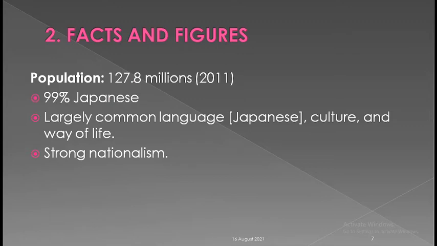In terms of population, the country has 127.8 million according to an estimate in 2011. 99% of the population are Japanese, and the remaining 1% belongs to different ethnic groups like Chinese, Korean, etc. Japan is largely a homogeneous society having a common language, Japanese, common culture, and similar way of life. And the people of Japan are interestingly very patriotic. The feeling of nationalism is very high in Japan.